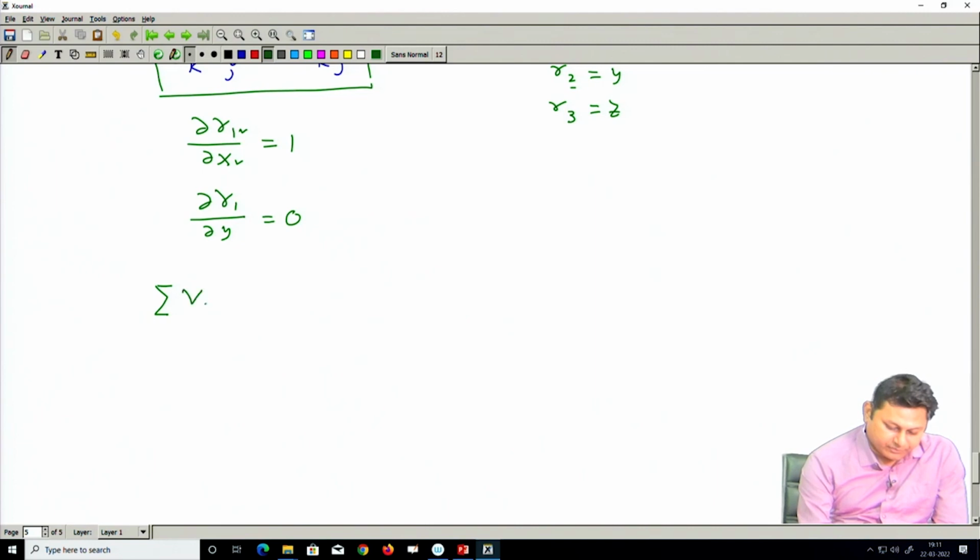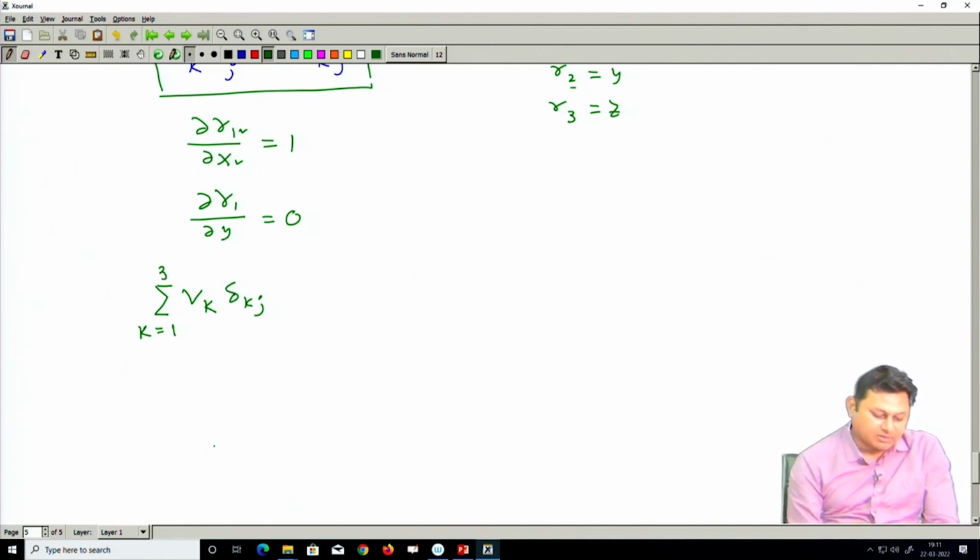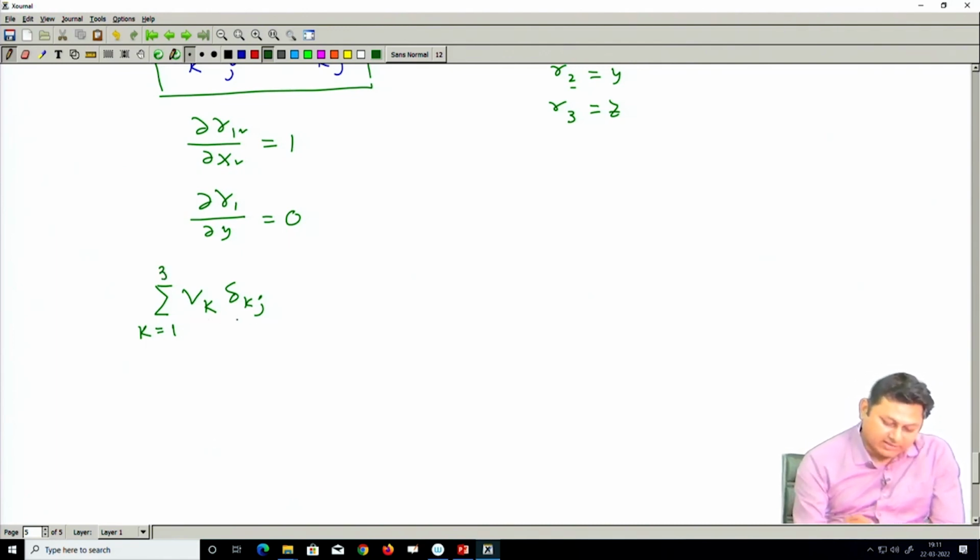Also, consider the summation of V k delta k j, so I multiply V k. k is a variable here, it can take 1 to 3, and j can also take the value 1 to 3, but here k is repeated. So using the Einstein notation, I can have V k and delta k j. j is a given value, k is changing from 1 to 3.